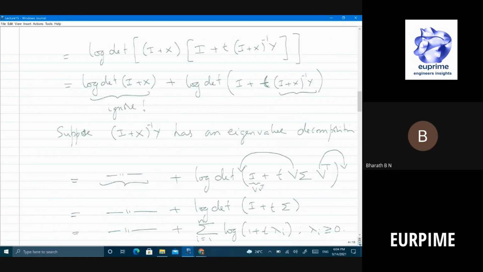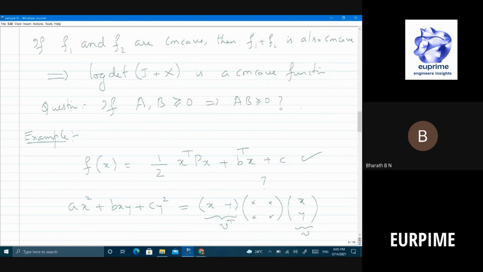What is the other thing that we assumed? We assumed that I plus x inverse y has an eigenvalue decomposition, which is U lambda U Hermitian, which need not be true in general. So it works only if identity plus x whole inverse y is eigenvalue decomposable using a unitary transformation, that is U lambda U Hermitian. That was a gap, which we will fix in today's class.